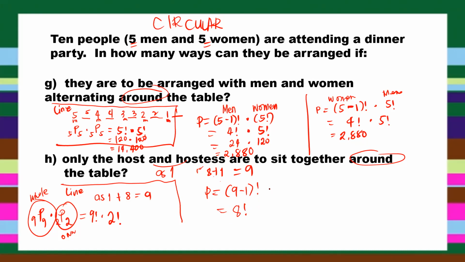Right? And then after that, syempre, pwedeng magpalit tong dalawang to. So we still need to multiply 2 factorial here. Katulad lang din dun. Ano lang ang difference? The difference is that dito nagbabawas tayo ng isa. Dito hindi. Okay? So that's 8 factorial times 2 factorial. So what will be our answer here?